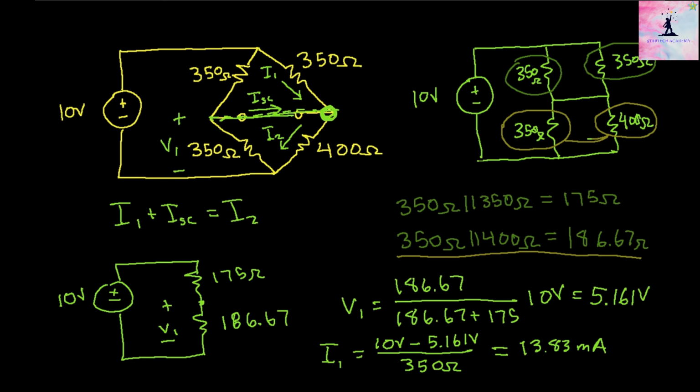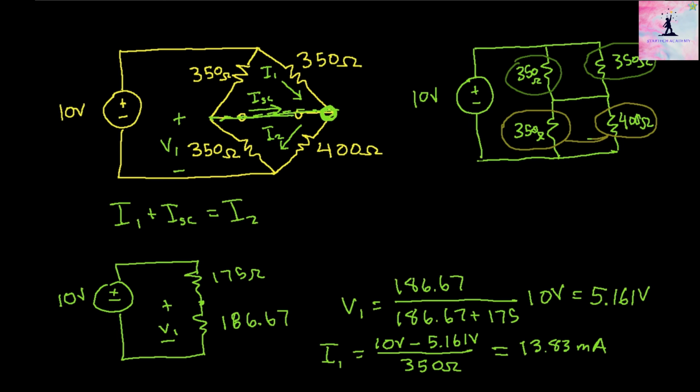And then I2 will be 5.161 volts over 400 ohms, which, when I compute it, gives me 12.90 milliamps.